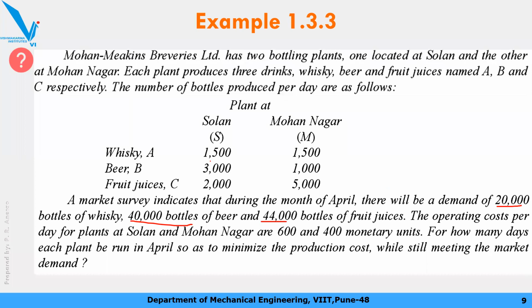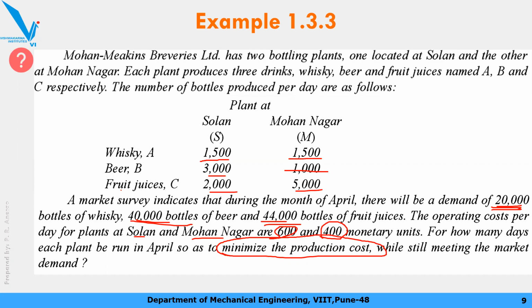The production capacity is also present in this table. Our aim here is to minimize the production cost to meet these demands. The production cost per day is given as 600 and 400 rupees for each of the plants.